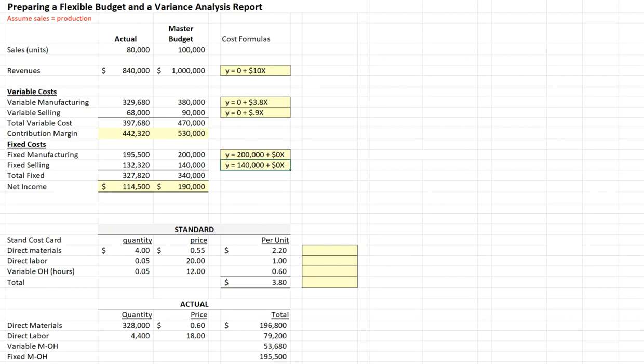And then we're given information regarding our standard costs, and we can come up with cost formulas per unit for our standard cost. For direct materials, it's $2.20 per unit. For direct labor, it's $1 per unit. And for variable overhead, it's 60 cents per unit.